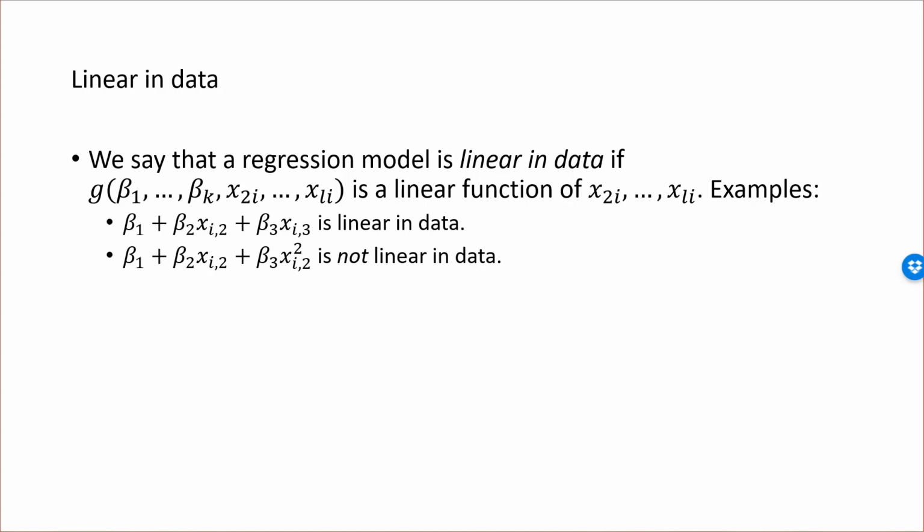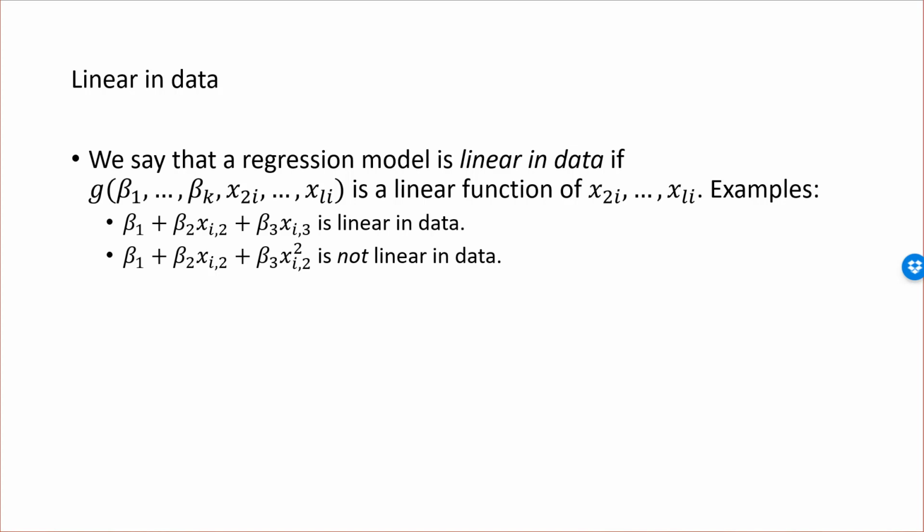So it depends on the x data. So we have to be careful distinguishing between these two cases. A model can be linear in data or non-linear in data. It can be linear in parameters or non-linear in parameters. We have 4 different cases.